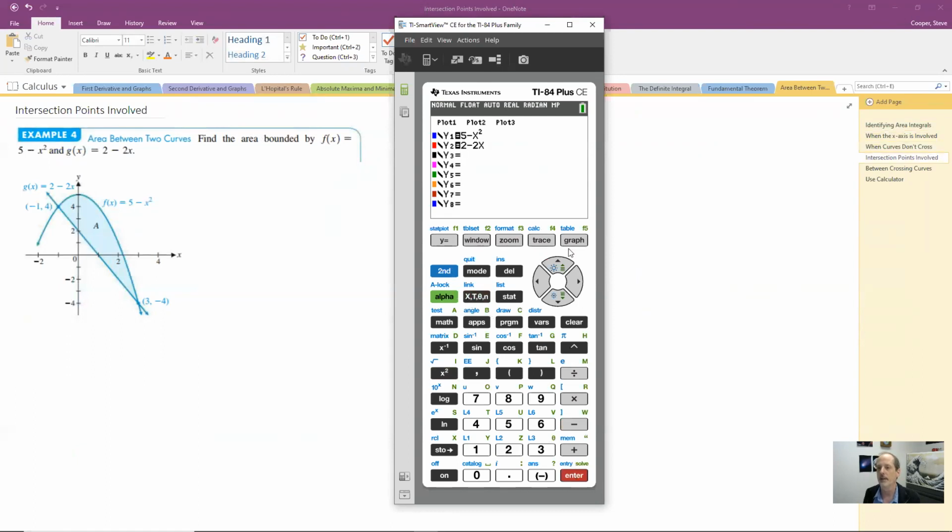And that way, when I go look at the graph here, I can do a trace, and that tells me I'm on y1 equals 5 minus x squared, and then I can jump down to the other one and see that y2 is the 2. So it tells me which one's which.